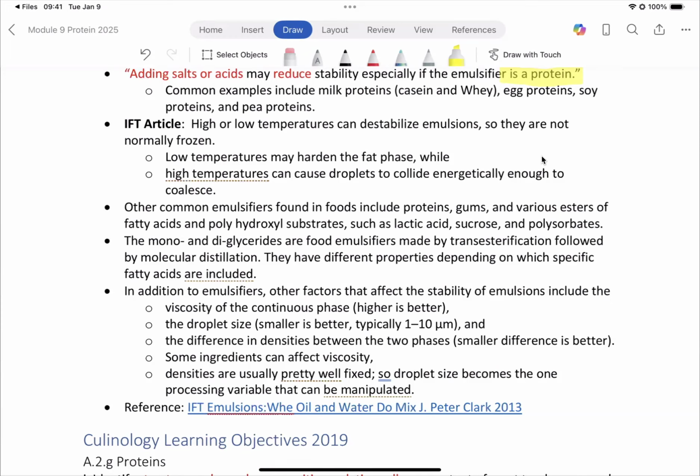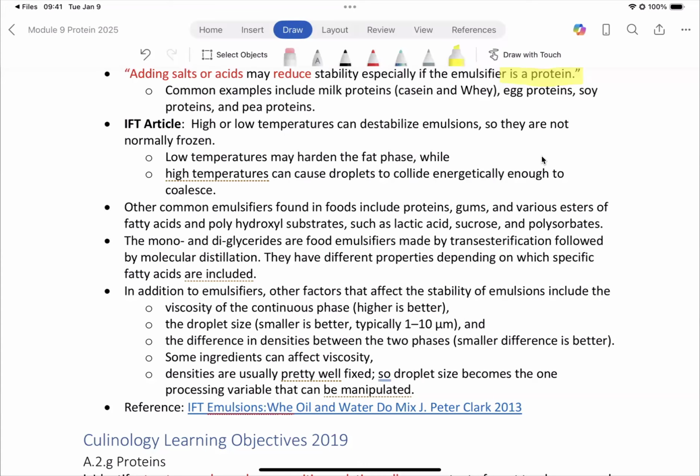Other things in this article that I thought were interesting was that low temperatures may harden the fat phase. So if you go from an oil to a solid, then that's going to break your emulsion. And high temperatures are going to cause your little droplets to coagulate into bigger droplets.